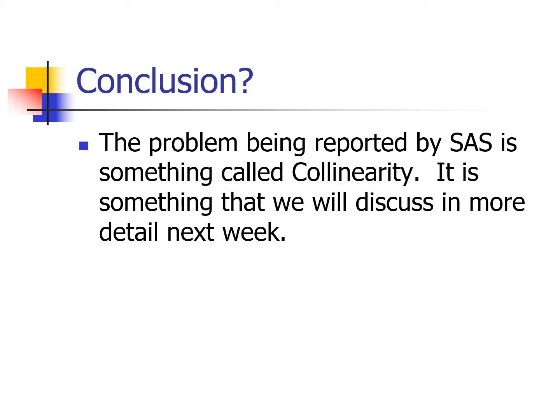The problem that's plaguing SAS is something called collinearity. We're actually going to talk about collinearity in a lot of detail next week. But for now, we're going to observe it in this context, which is creating dummy variables to represent categorical variables.